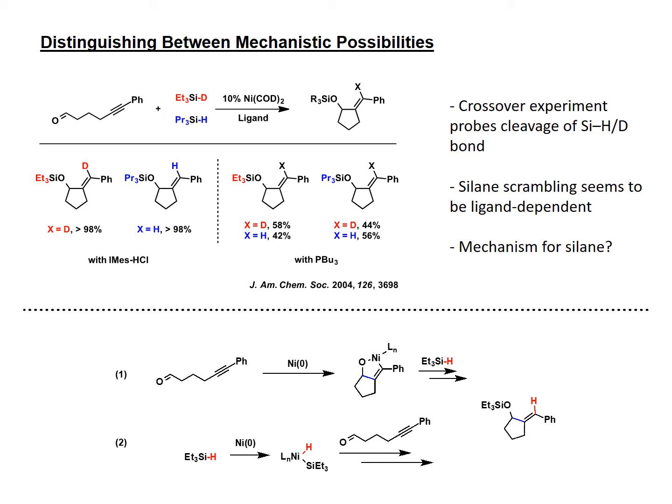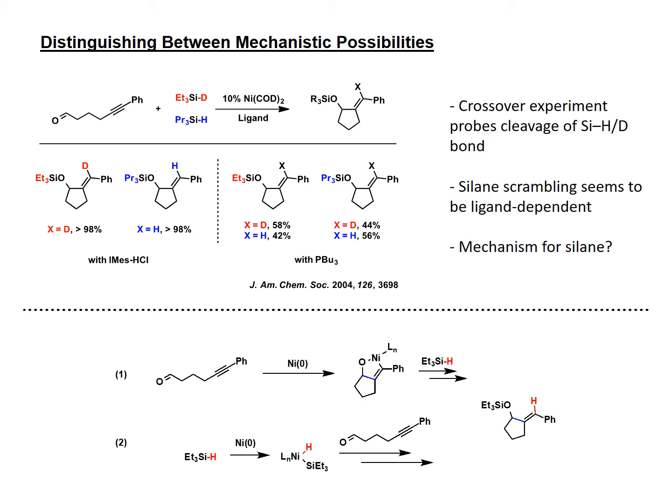Compare that to direct addition into the silyl hydride bond with the nickel catalyst as one of the first steps, if not the first step. This now could lead to crossover via disproportionation or a series of hydrosilylation events on the aldehyde and the alkyne that go with the carbon-carbon bond forming step that scramble the relative positions of the ethyl and the propyl.